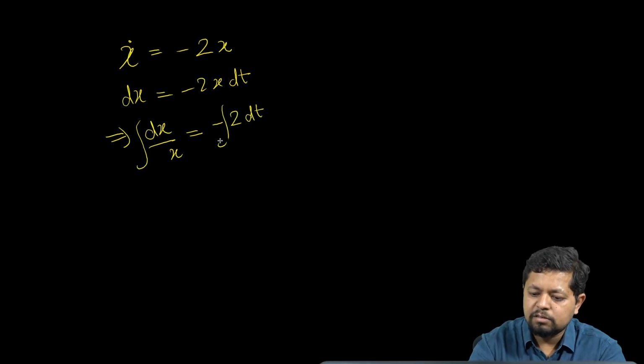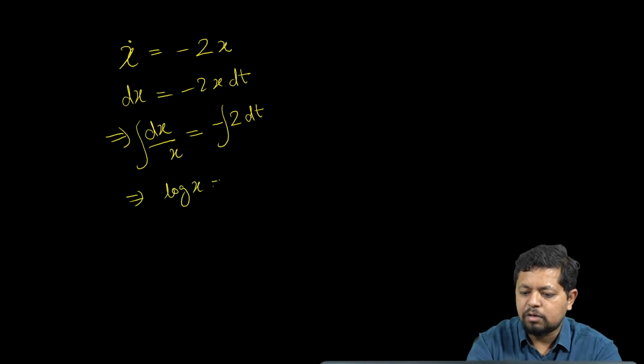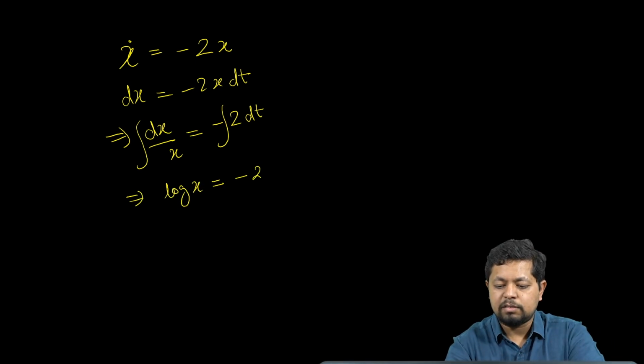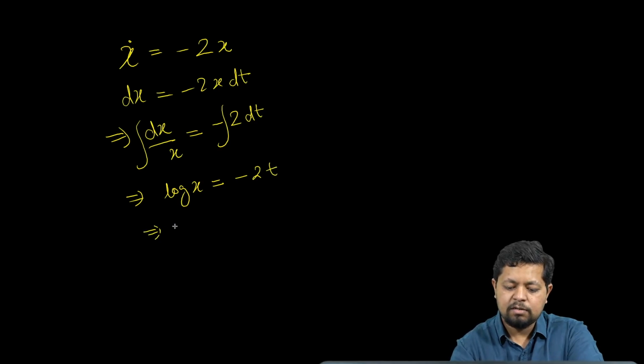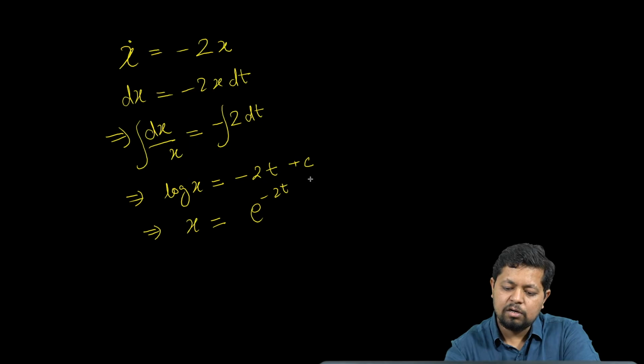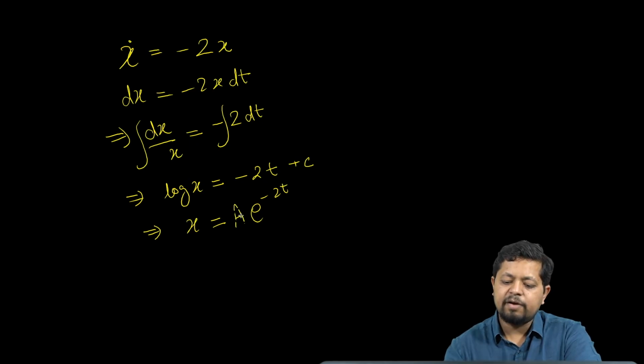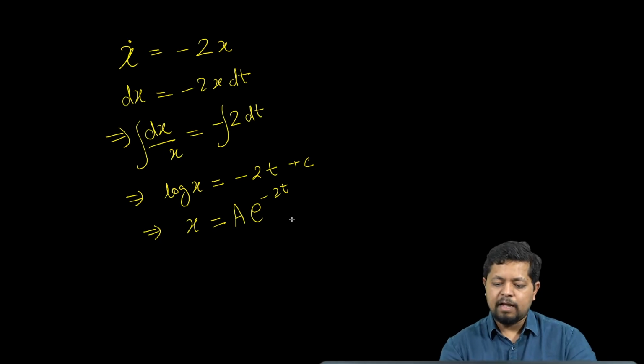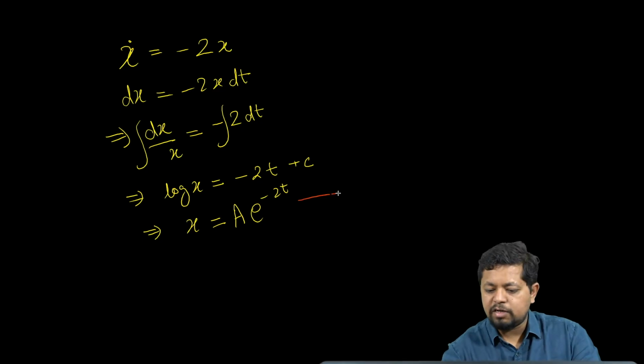Integrating both sides, I get log x equals minus 2t plus a constant, and I can write this as x equal to e to the minus 2t times the exponential of the constant. When I take the exponential, e to the power c becomes a multiplicative constant, which I'm going to call a, and this is my solution for the equation.